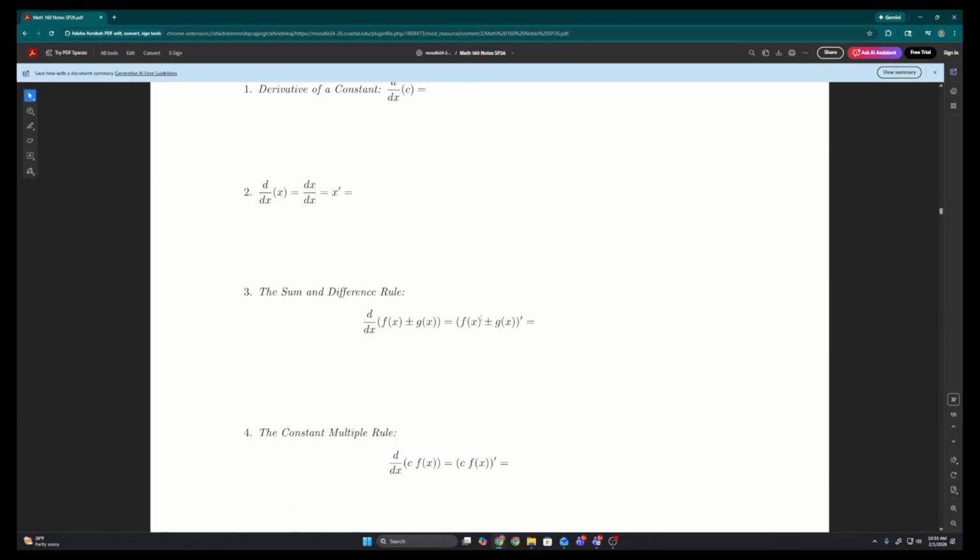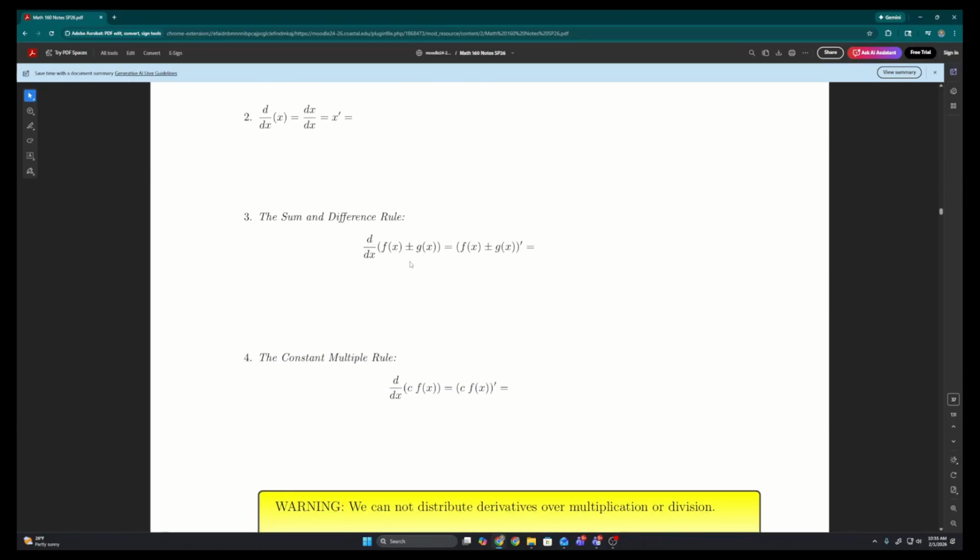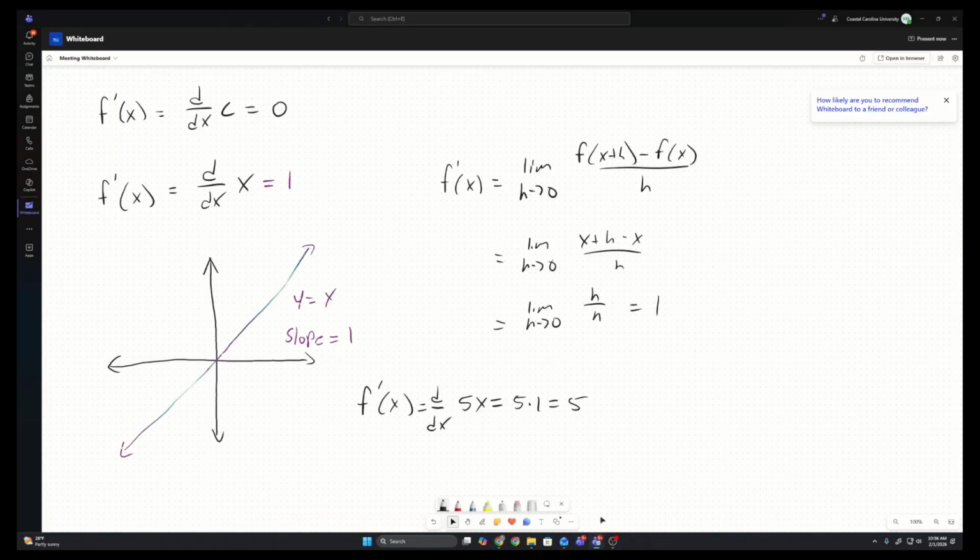Then we have the sum and difference rules. Essentially, if I'm taking two functions, adding them together, and taking the derivative of that sum, I can take the derivative of them separately. And the same thing happens with constants. If I have a constant times a function, I can factor it out. If I was going to show you that in writing real quick, it's going to look kind of like this. We do it here on the right side.